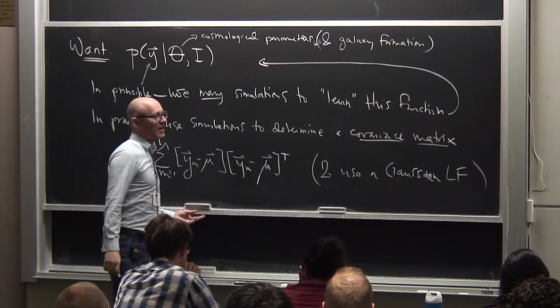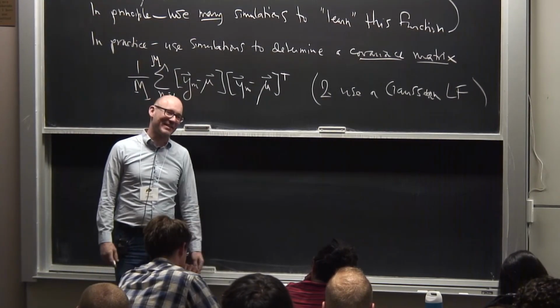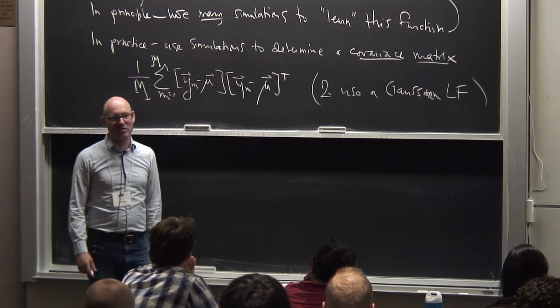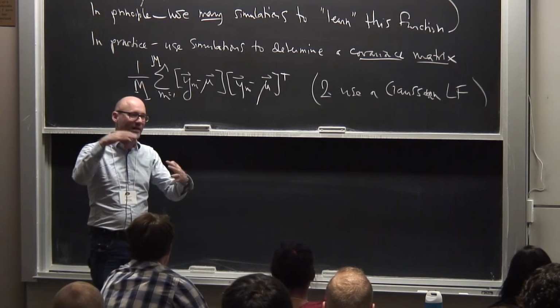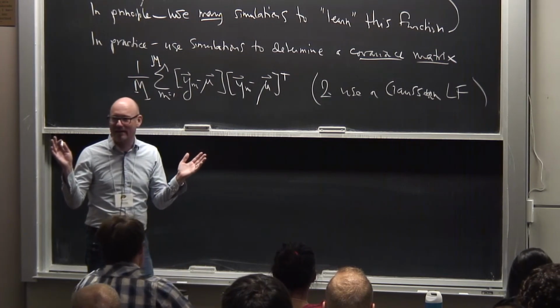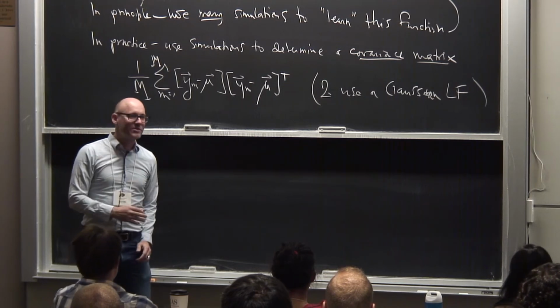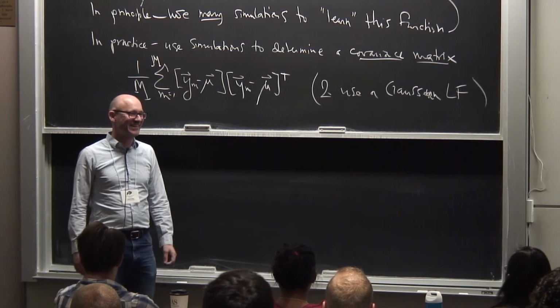So it's a little embarrassing that at the end of the day, we just assume that the likelihood function is Gaussian. We do a bunch of simulations to determine the variance of that Gaussian, and then we do some set of simulations to find the mean of that Gaussian, how the mean of that Gaussian depends on the cosmological parameters. So that's all we can afford to do.